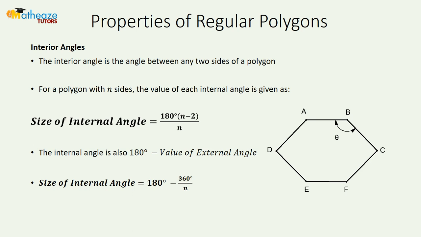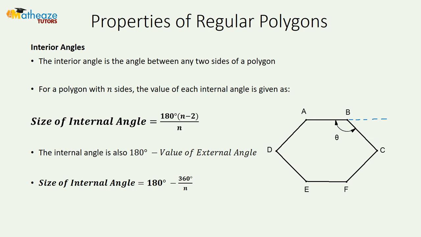Now, to find the value of the interior angle, first of all, we can get the value of the external angle, which is 360 degrees divided by the number of sides, and subtract it from 180, because if I draw a dotted line here, we can see that this is a straight line, so it's going to be a straight angle of 180 degrees. So you have that option.